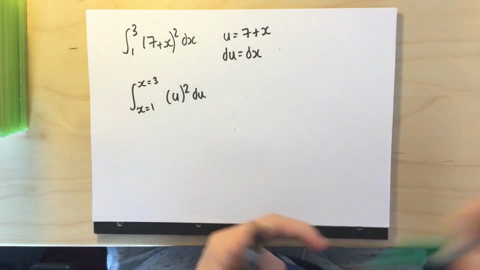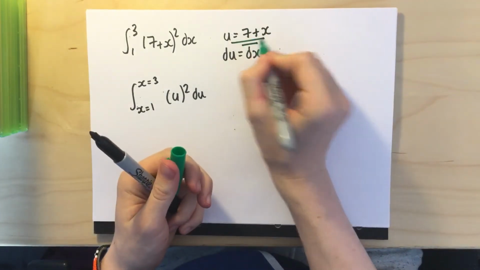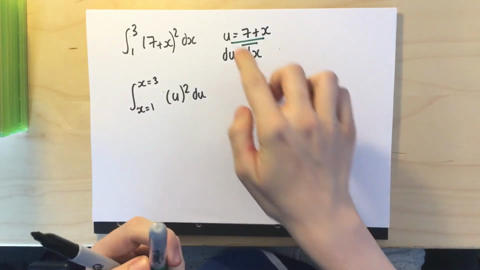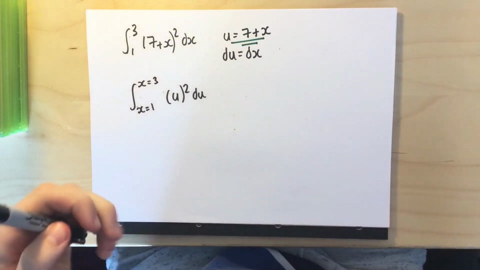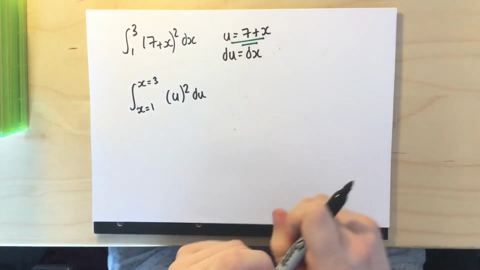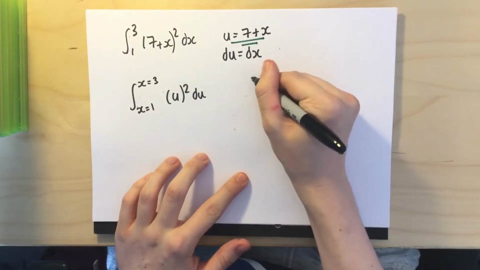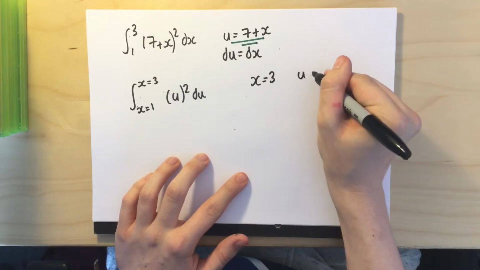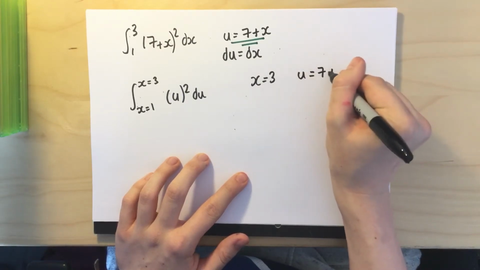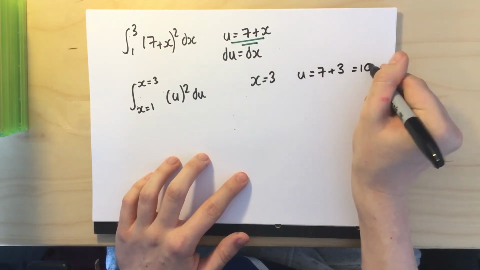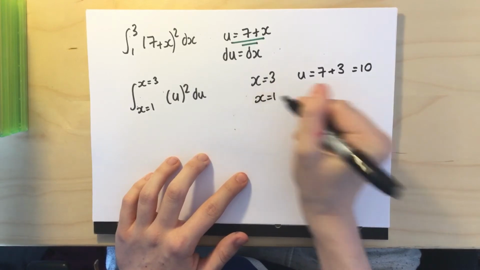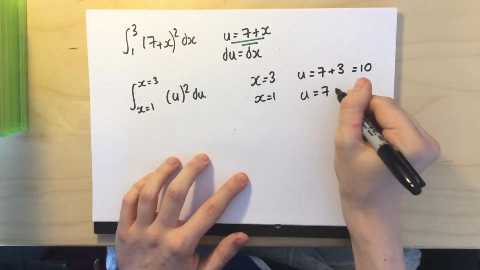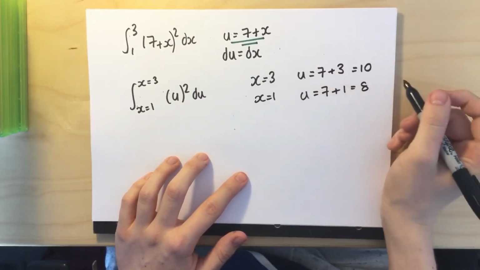This is very simple. All we need to do is use this equation right here, as u and x are related to each other. So if our x equals 3, our u would equal 7 plus 3, which is 10. Again, if our x equals 1, our u equals 7 plus 1, which is 8.